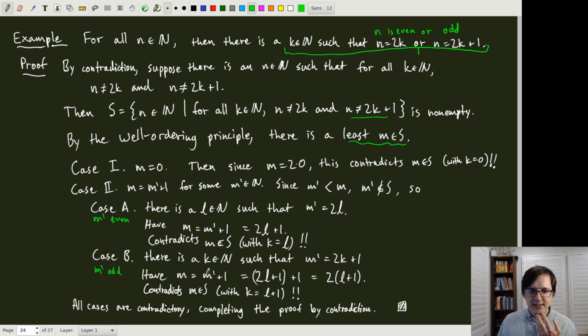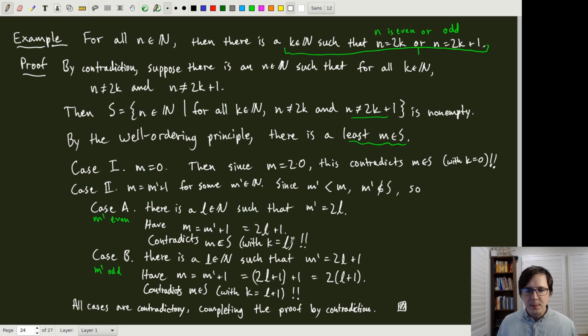So there's some L in N such that M prime is 2L plus 1. Then we can calculate that M is M prime plus 1, which is 2L plus 1 plus 1, and then through a little bit of algebra, that's 2 times L plus 1. So that contradicts, again, M being in S, this time with K being L plus 1.